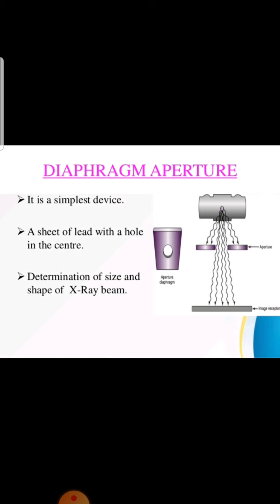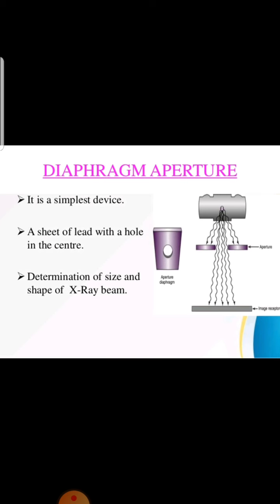So it is a beam restricting device, the aperture diaphragm. It is restricting the primary beam, and there will be 1 centimeter area unexposed on your image receptor.